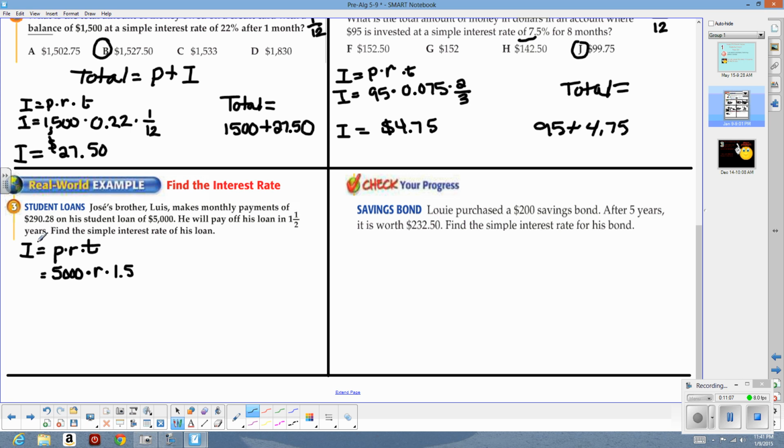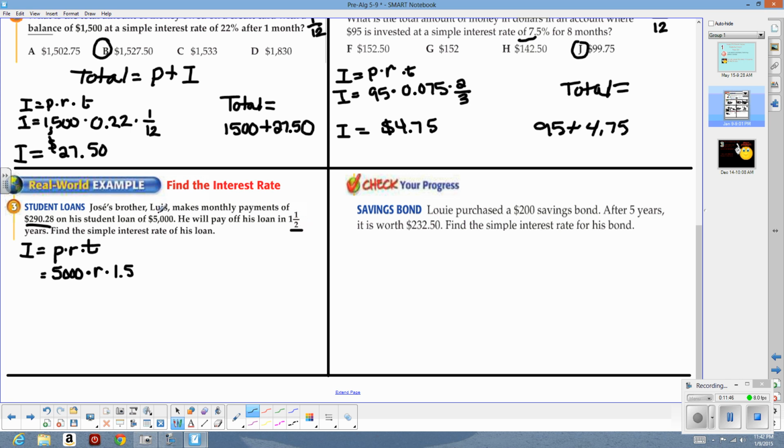Now it doesn't straight out say what the interest is, but you can figure out the interest because it tells you he makes payments of that much money and he'll have it paid off in 1.5 years. So if you take $290.28 and multiply that by the 18 payments he's going to make, because 1.5 years is 18 months, that's going to be a total of $5,225.04.